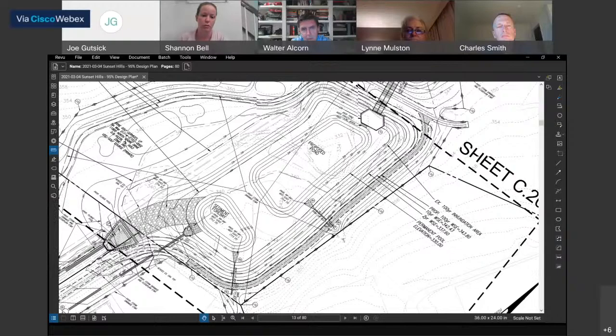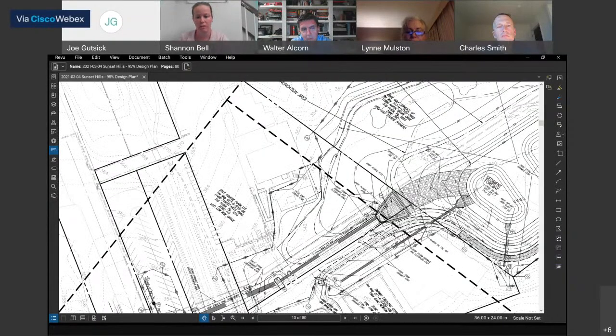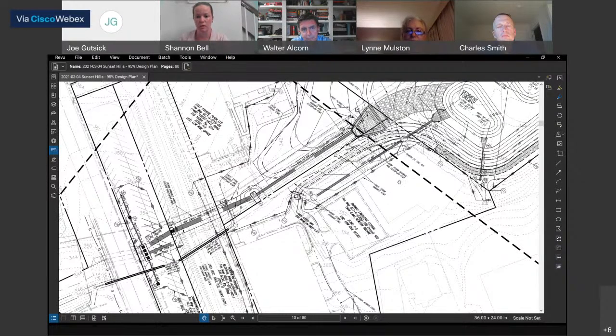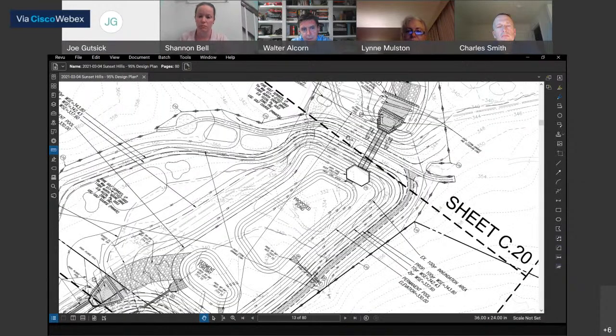So we need land rights from Golf Course Overlook, we need land rights from Isaac Newton, and we also need land rights from the golf course. Once we're able to obtain all of that, then we'll be able to move forward with our final design. But until then, we're in the position we currently are.